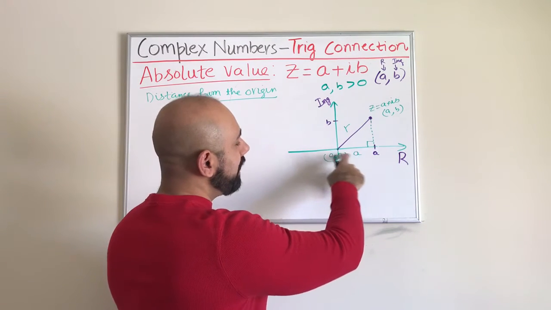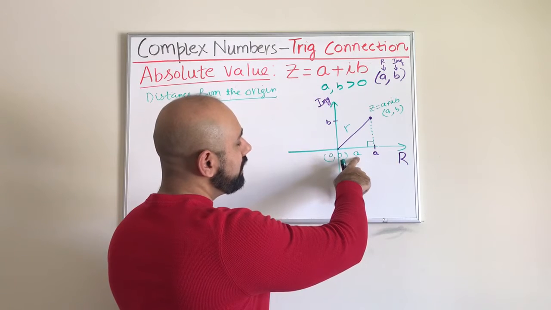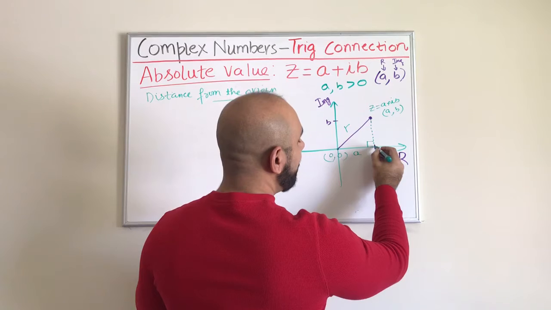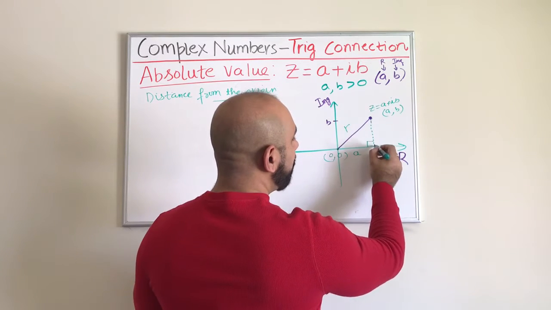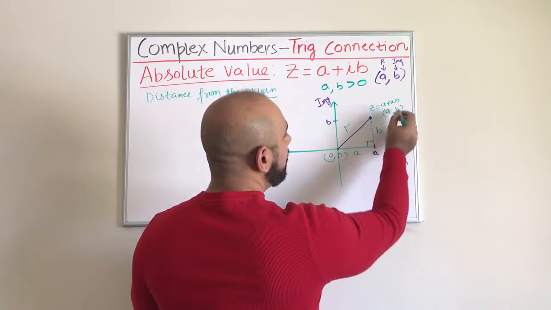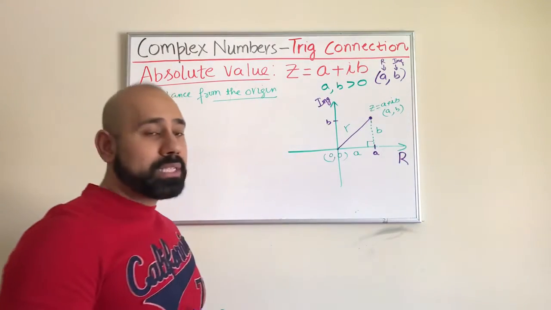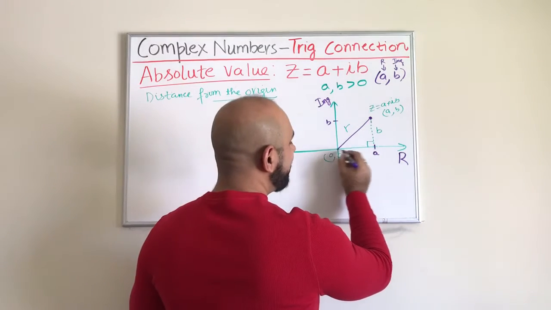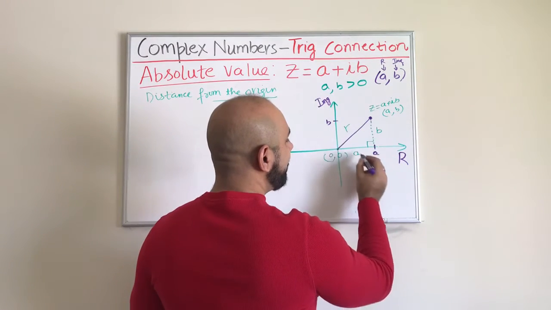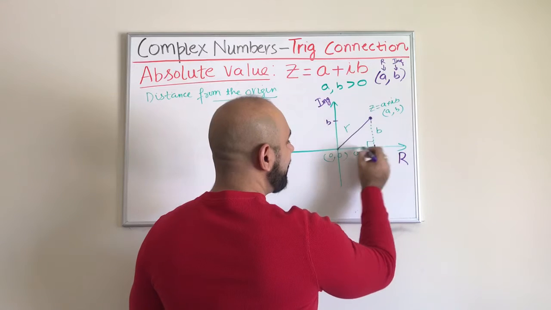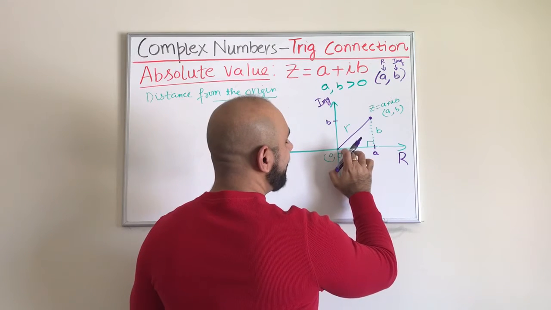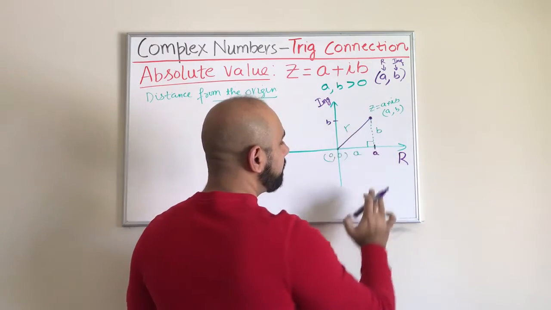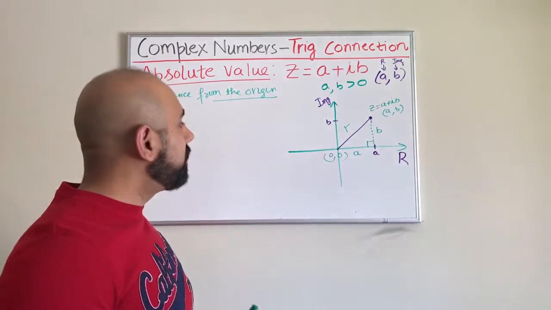So the distance for the horizontal or real axis is a, and the vertical length from this point up to this point is obviously going to be b, as already provided by the complex number z equals a plus ib. So we have the horizontal distance and the vertical distance. Basically we have this nice right triangle, with the base and the altitude, or the height, however you want to consider it.